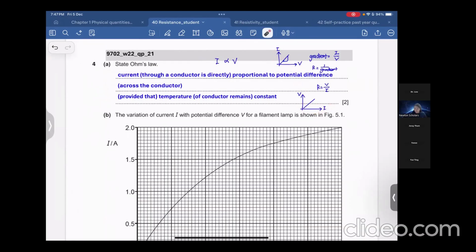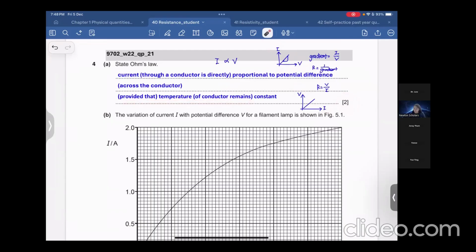So if your answer is current is directly proportional to the potential difference, 1 mark. Or you want to say potential difference is directly proportional to current, also correct, 1 mark. But one more mark is you need to mention: provided that the temperature is constant. The temperature of the conductor doesn't change.